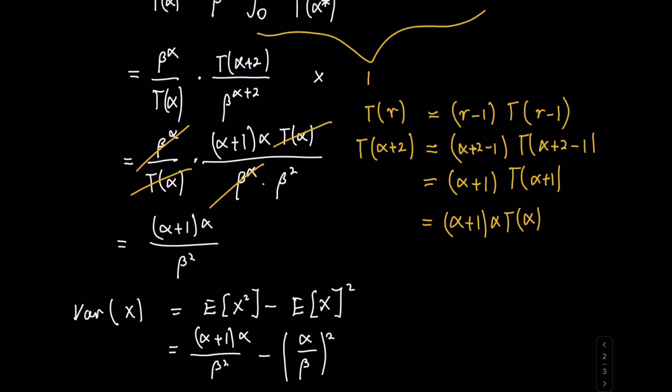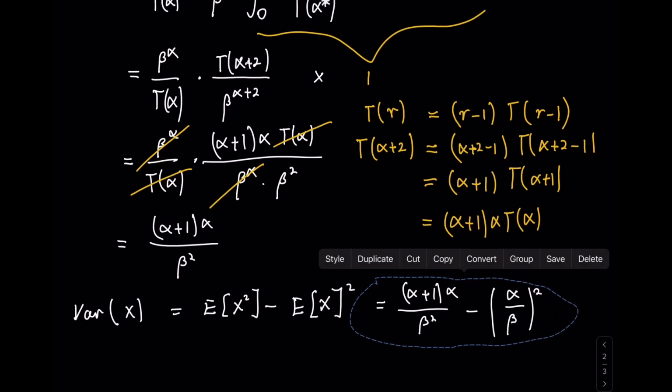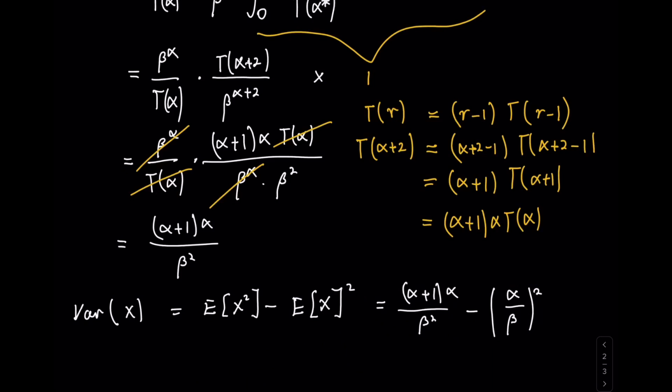If we continue with the same reasoning, expanding the numerator of the first component, that numerator becomes alpha squared plus alpha on beta squared, minus alpha squared on beta squared, when we put the squares through the brackets.